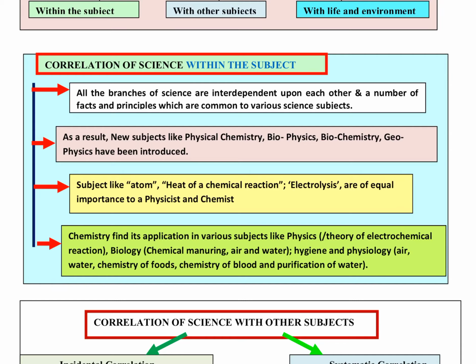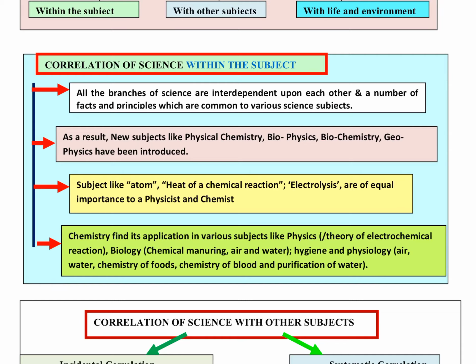That's why new twilight branches like physical chemistry, biophysics, biochemistry, geophysics are examples of the correlation of science within the subject only. Physics is also science, chemistry is also science, and physics and chemistry merge together to solve certain problems, and it becomes physical chemistry. Knowledge of biology and knowledge of physics combined together becomes biophysics. Biochemistry and geophysics are other examples of correlation.